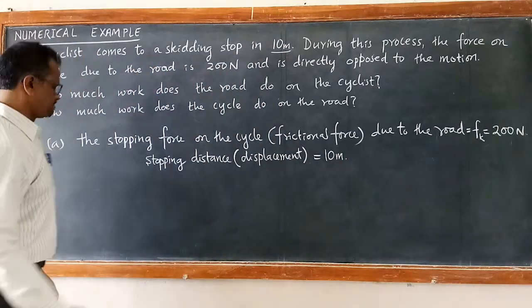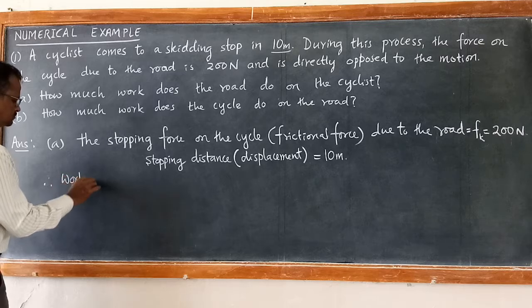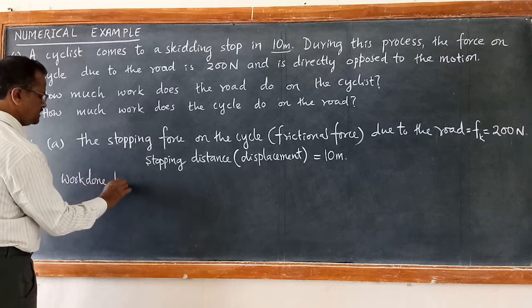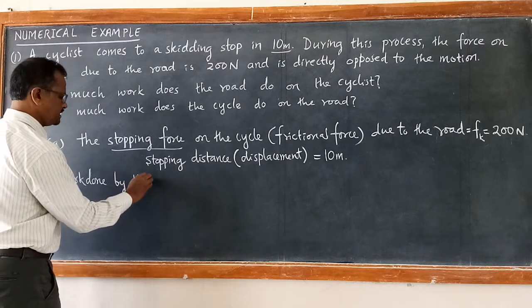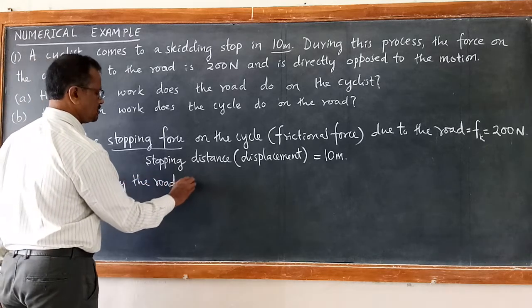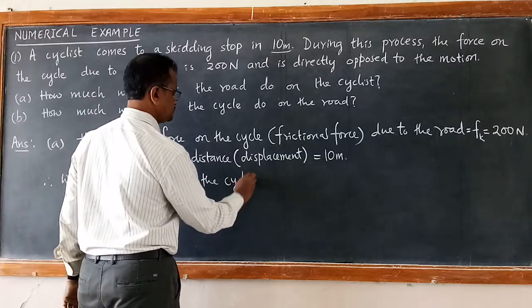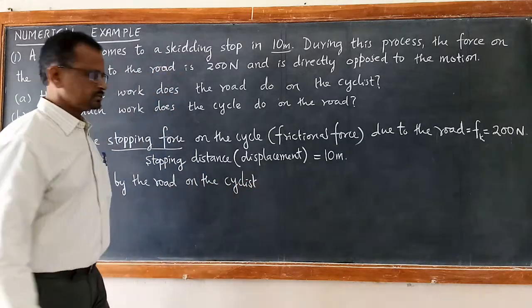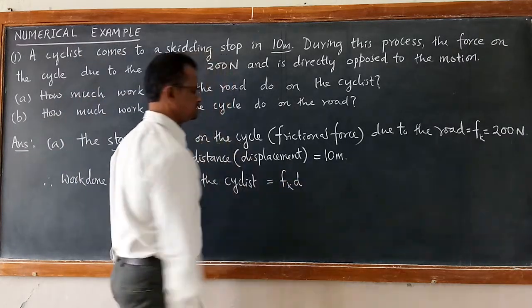Therefore, work done by the stopping force, or work done by the road on the cyclist, becomes equal to Fk into d.